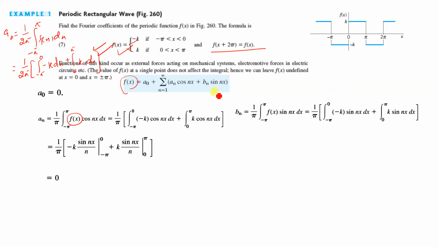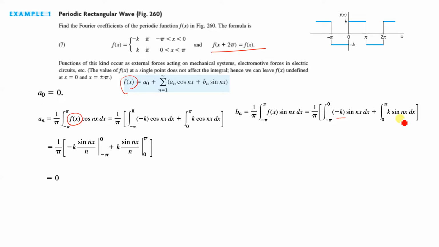Now bn. We have the formula for bn, which is equal to 1 over pi times the integral from minus pi to pi of f(x) sine nx. And again, since the function is defined piecewise, we have to split this integral into two parts. The first part is for the limits minus pi to 0, and in this interval the value of the function is minus k, so we plug in the value of the function here.